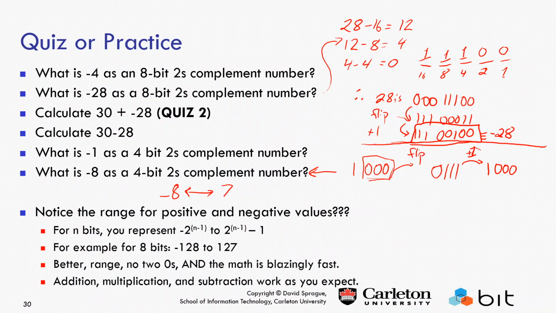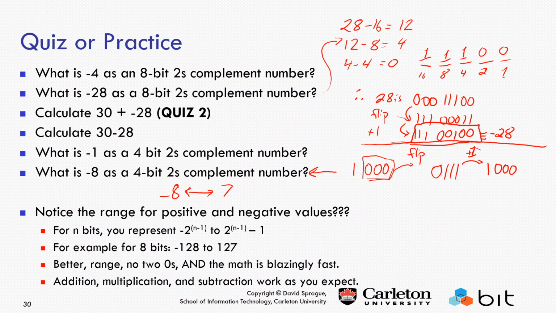So negative 8 to 7. 8 bits goes from negative 128 to 127, for example. I have a better range. I don't have two zeros.